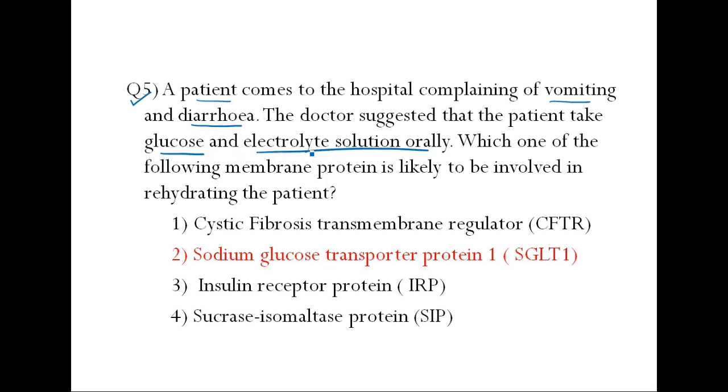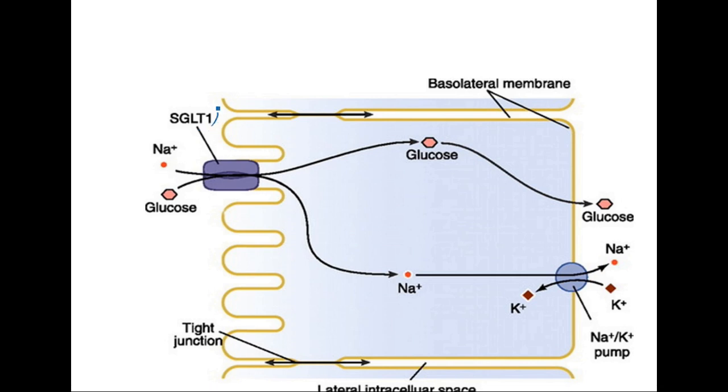This electrolyte will contain sodium and chloride. So glucose will transport along with sodium in the intestinal epithelial cell with the help of SGLT. You can see this diagram. This is SGLT which is present in the lumen of intestine, and this glucose moves along with the sodium.